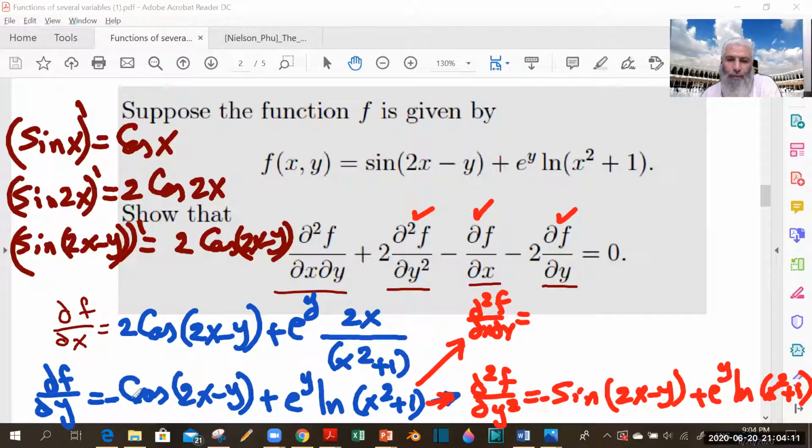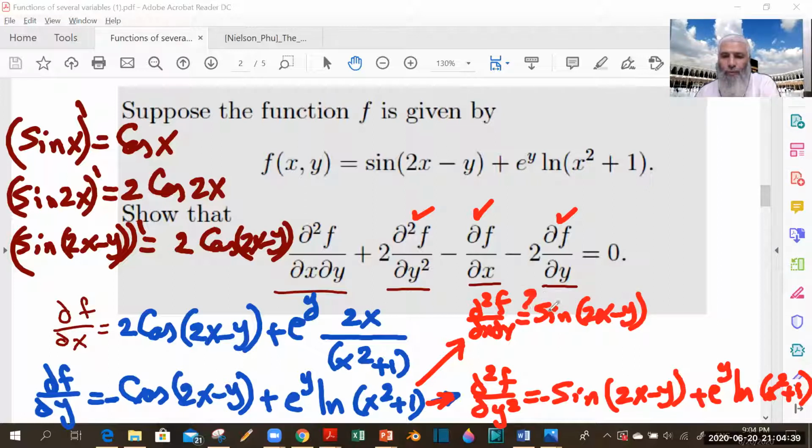So with respect to x, what is the derivative of cosine? The derivative of cosine is negative sine. Negative multiplied by this negative is positive: 2x minus y multiplied by the derivative of the inner bracket, which is 2.